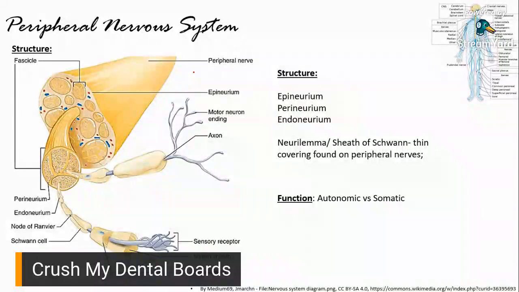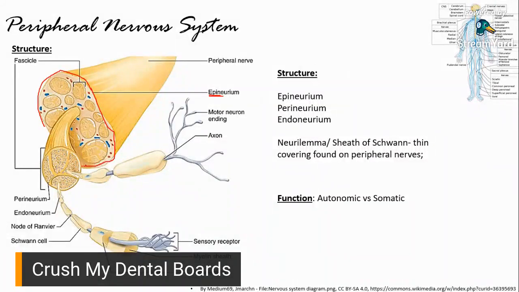When you talk about epineurium, it is the actual coating of your peripheral nerve. Asan siya? Ito si epineurium right here. So it's the actual coating of your nerve, peripheral nerve.